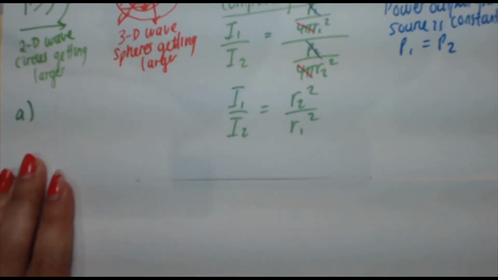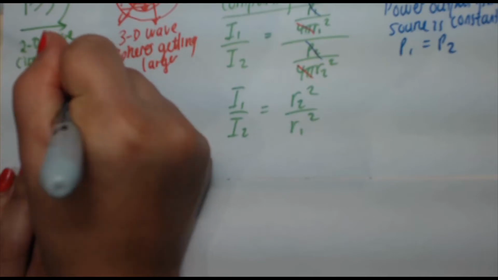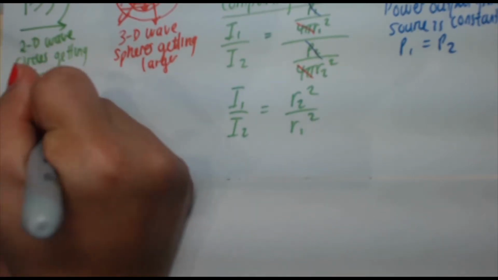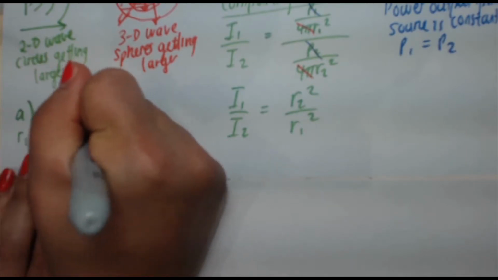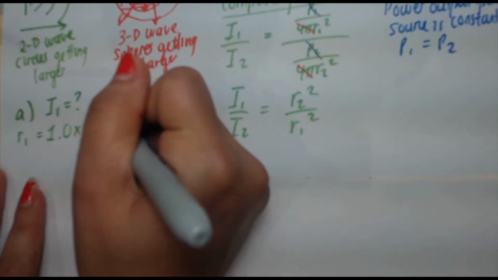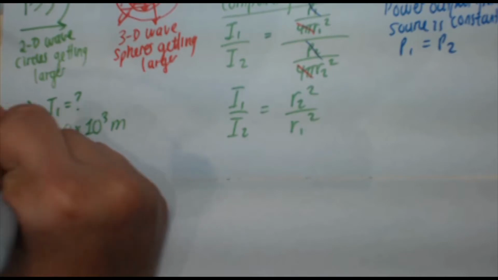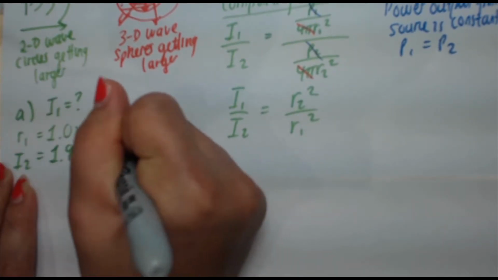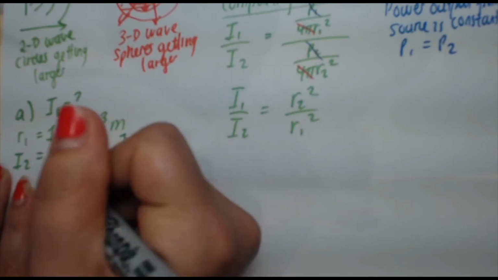So for part A, we're looking for the intensity nearby, so I'll call that I1, where R1, the near distance, is 1 kilometer or 1.0 times 10 to the 3 meters. My intensity at the further source, I2, is 1.9 times 10 to the 6 joules per meter squared seconds.